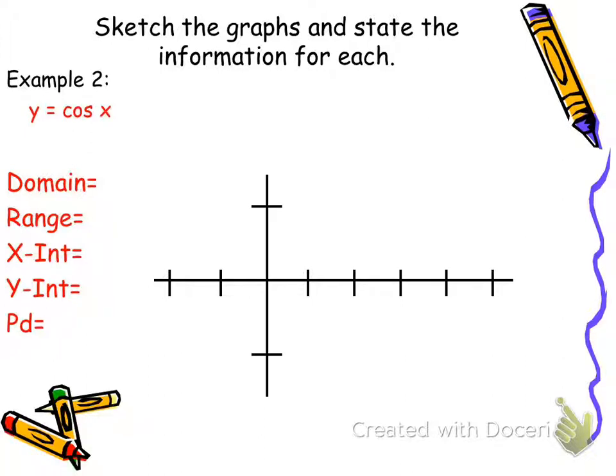All right, so using the table of values there, we can see that cosine always starts at 1, down to 0. Cosine goes negative in the second quadrant, so it goes down to -1. From there, it bounces back up to 0, back up to 1, and then it's just going to continue that pattern forever. So this is what the cosine graph looks like.